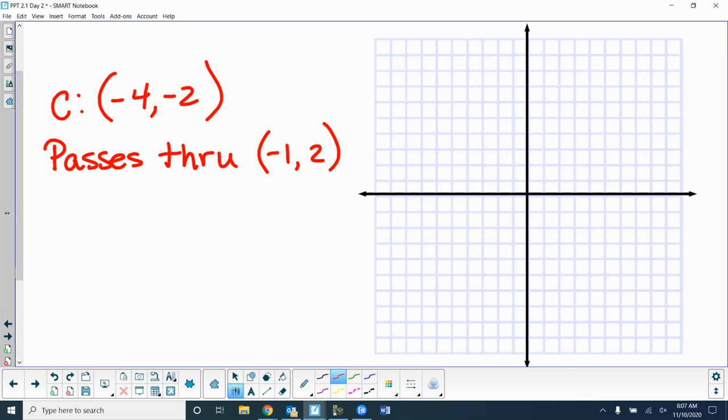So when it says the circle passes through negative 1, 2, what's that saying? That's on the edge of it, right? You guys understand that? Okay, so at negative 4, 1, 2, 3, 4, negative 2, there's my center. Negative 1, 2. And I'm supposed to find the equation of that circle. I can do this part. What's this part?